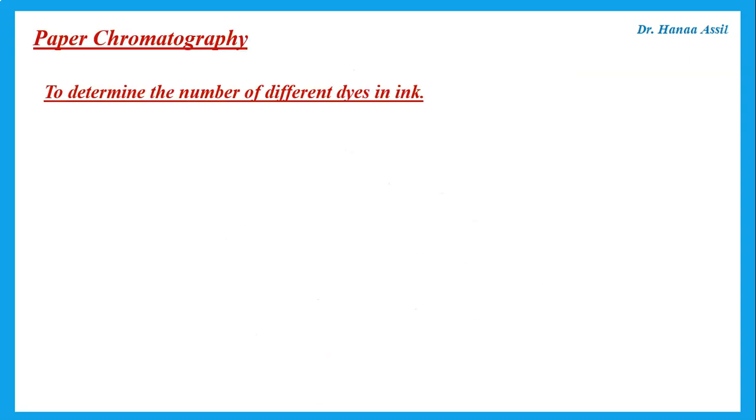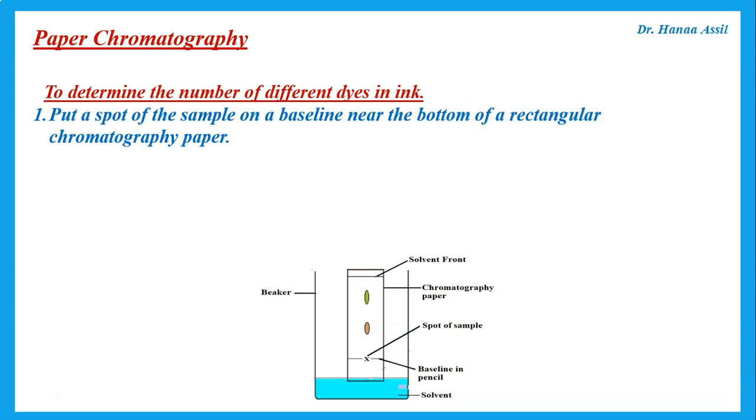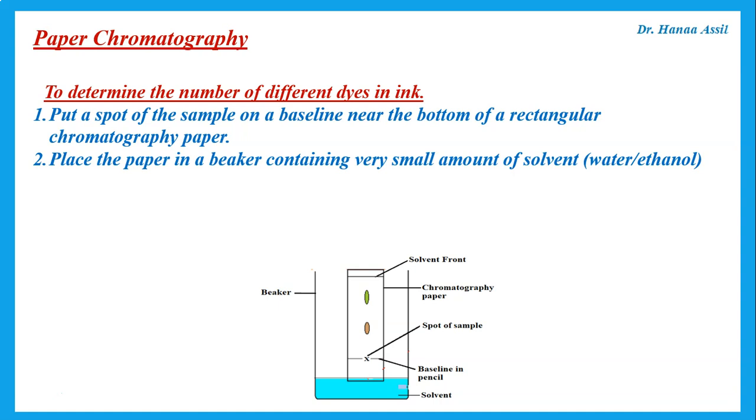We use paper chromatography in order to determine the number of components. For example, I want to know how many dyes are in ink. Then we put a spot of the sample on a baseline near the bottom of the rectangular chromatography paper, and place the paper in a beaker containing a very small amount of water if we're talking about ink, or we could use ethanol.